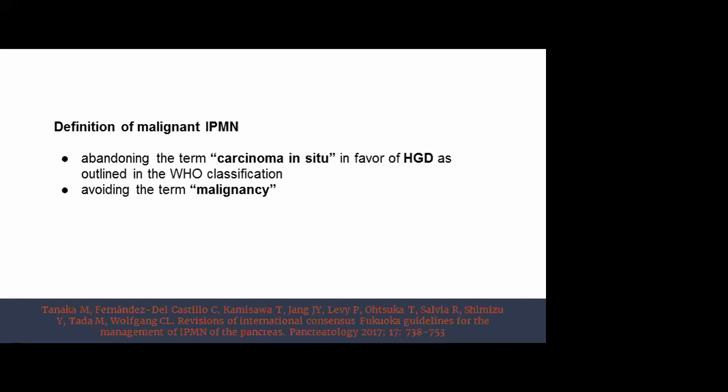So they suggested to abandon the term carcinoma in situ and to use high grade dysplasia as outlined in the WHO classification, and also suggested to avoid using the term malignancy, and rather use the term invasive papillary mucinous carcinoma, or use the word only invasive neoplasm.